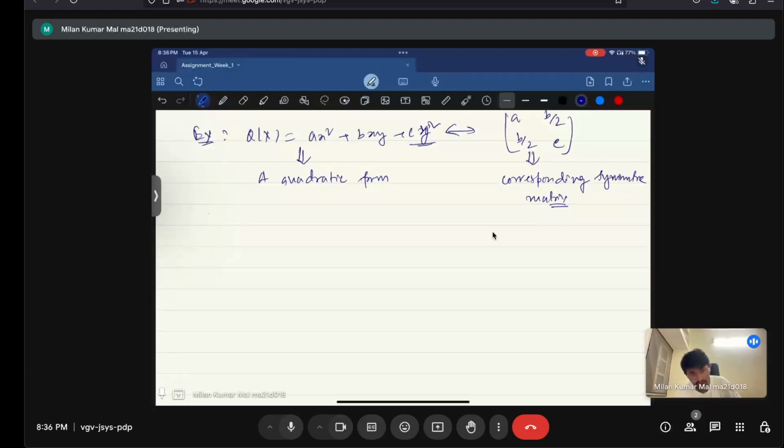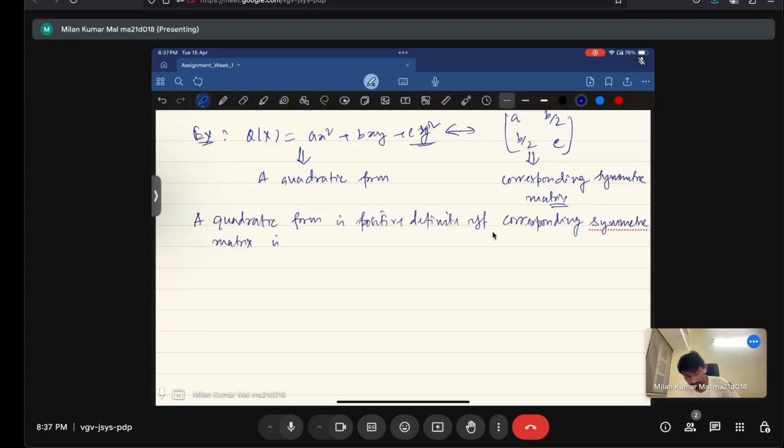So these are the corresponding matrices. Then a quadratic form is positive definite if and only if the corresponding symmetric matrix is positive definite.